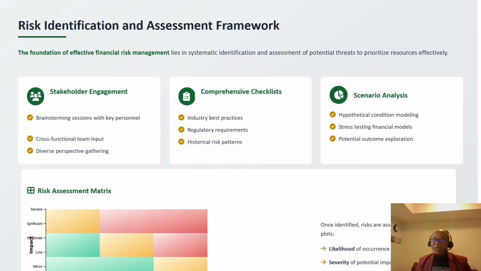Another method could be the use of checklists. Comprehensive checklists can come from industry best practices, regulatory requirements, and historical risk patterns. A review of these can help us better understand the risk landscape in order to provide solutions to this risk.